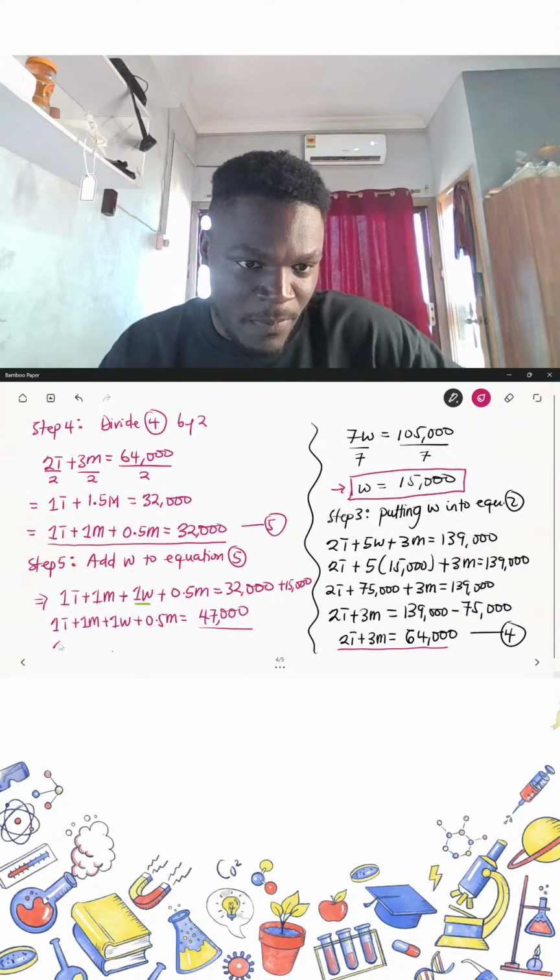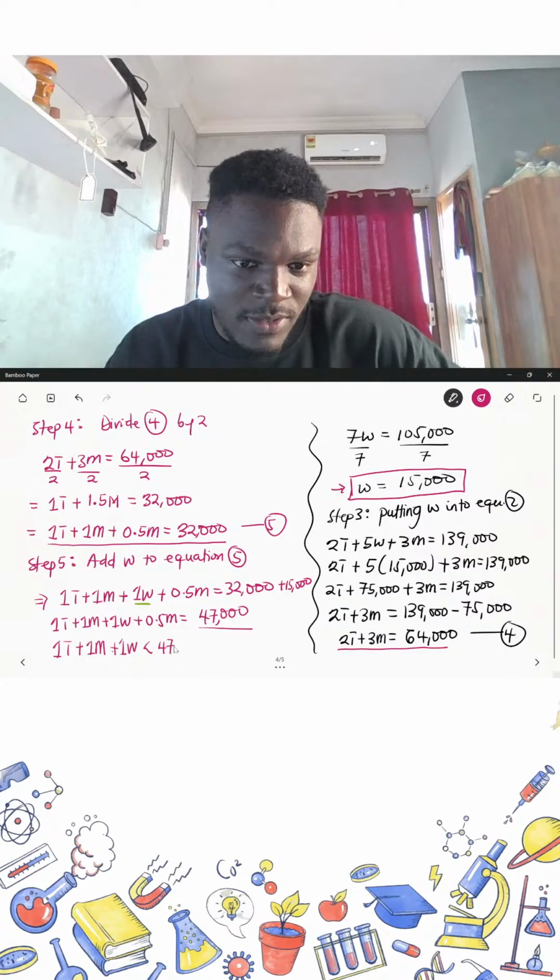What it means is that the price of one TV plus one microwave plus one washing machine should be less than 47,000.